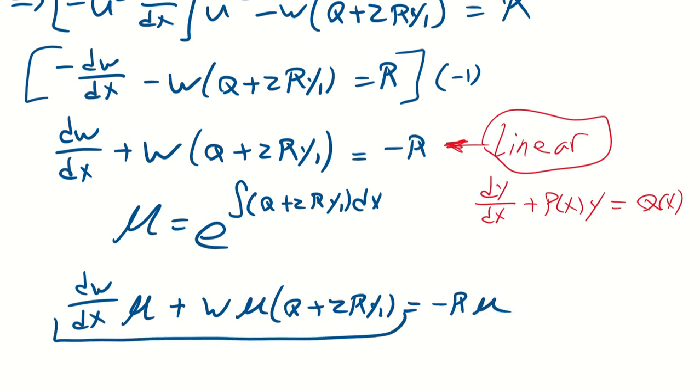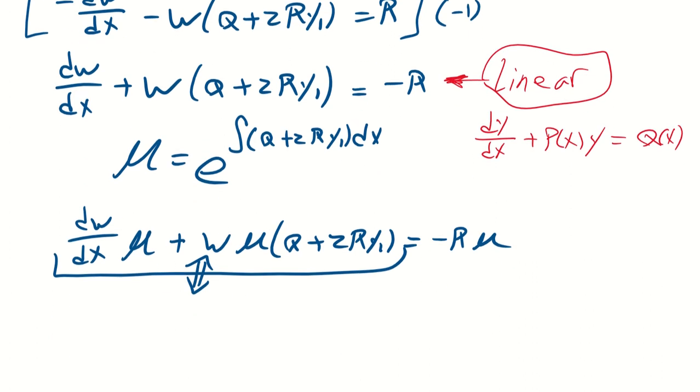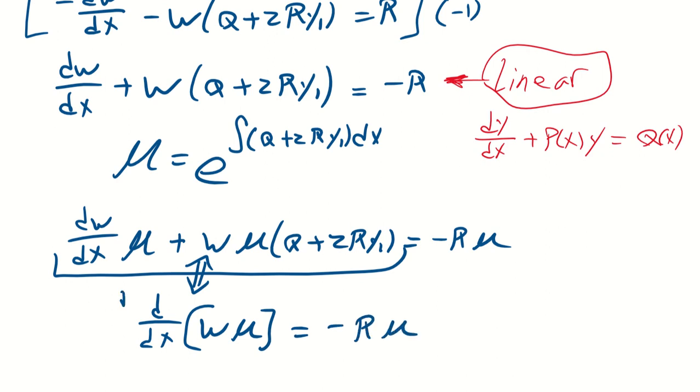Because of this integrating factor technique, we know the left-hand side is equivalent to the derivative of the product w mu. We can anti-differentiate.